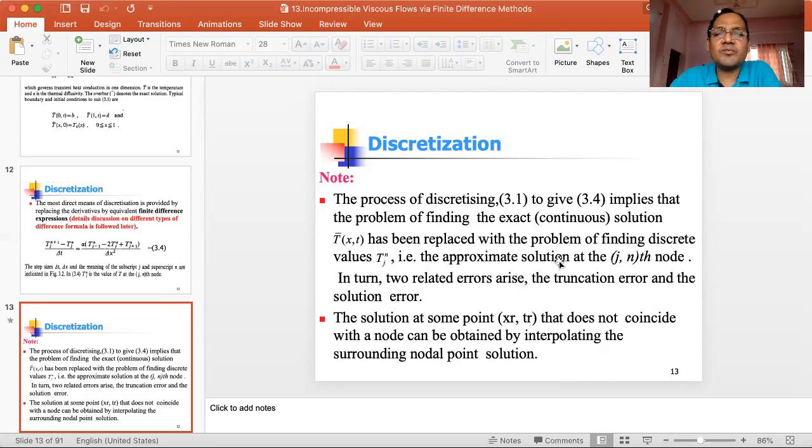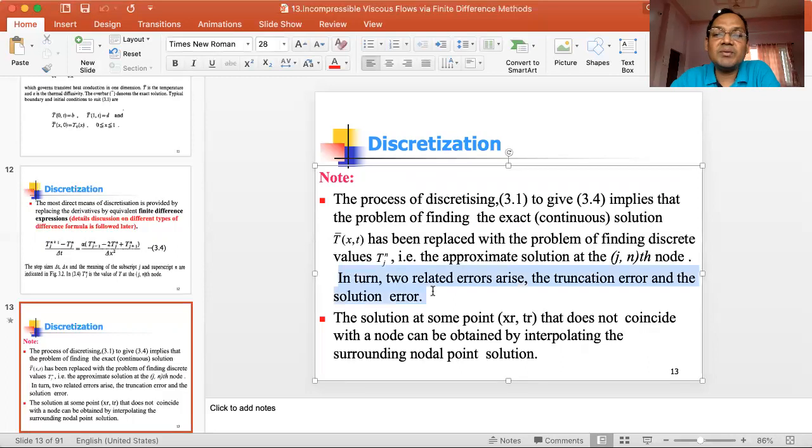Whatever I have explained, T_j^n means the approximate solution at the (j, n)th node. And definitely, when you are doing numerical analysis, there may be some error. One is truncation error, because some terms have been truncated in the discretization process, and in the solution, error will definitely be there.